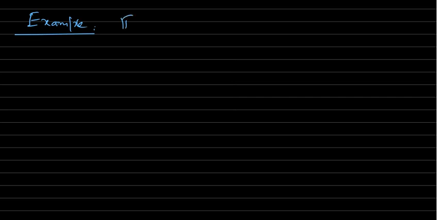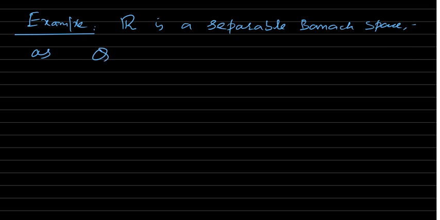This R, the real line, is a separable Banach space, as Q is a countable subset, Q is the set of rationals, and its closure is equal to R. सो दैट्स व्हाई दिस R is separable.